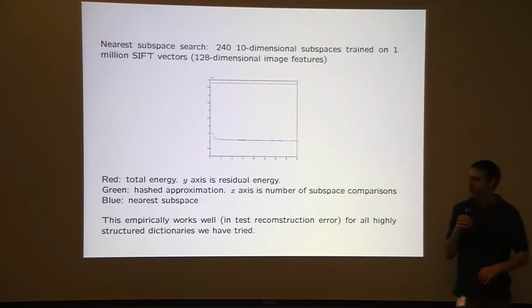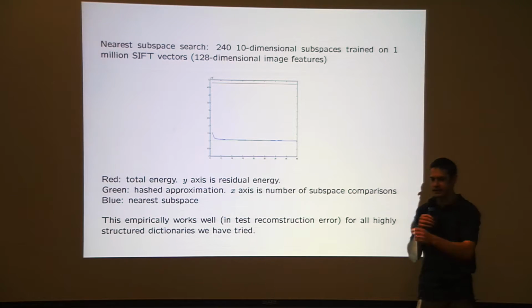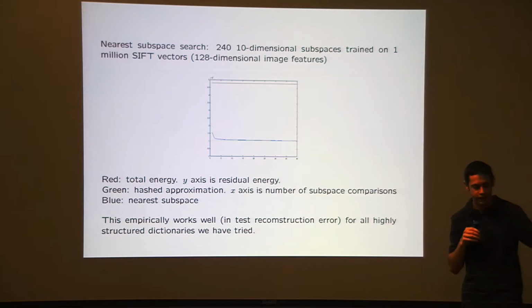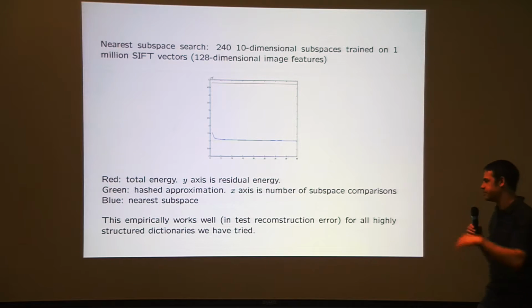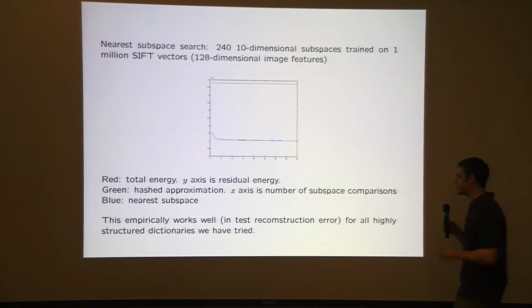It doesn't change at all. And the fact that I'm doing near subspace search with completely unrelated subspaces doesn't matter either. If you use a tree structured dictionary and the subspaces are just the branches of the tree, the same thing happens. If you do a grid structured dictionary, the same thing happens.